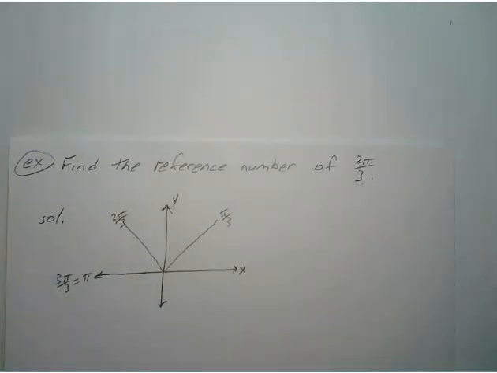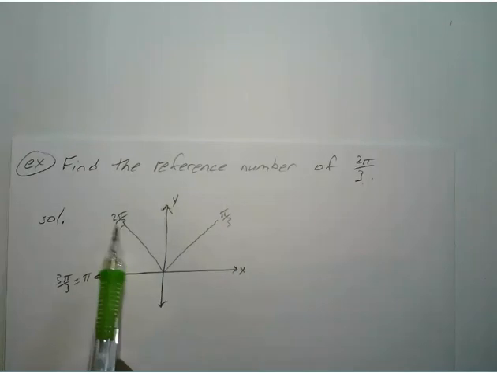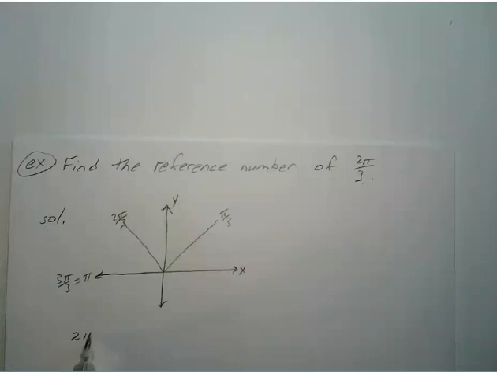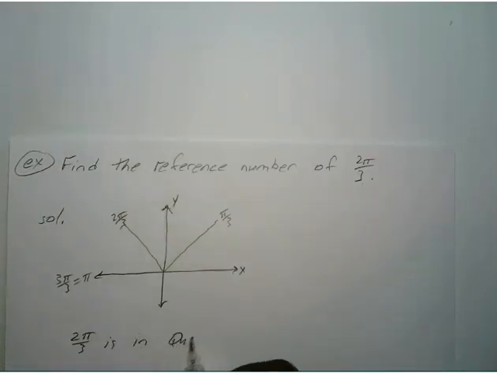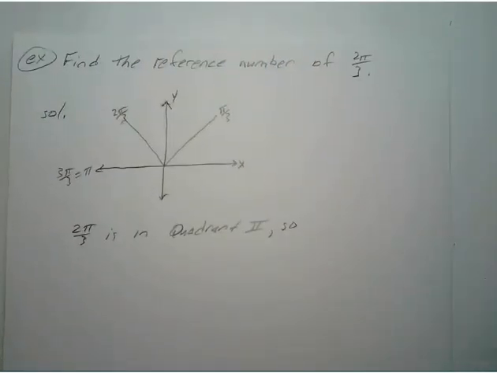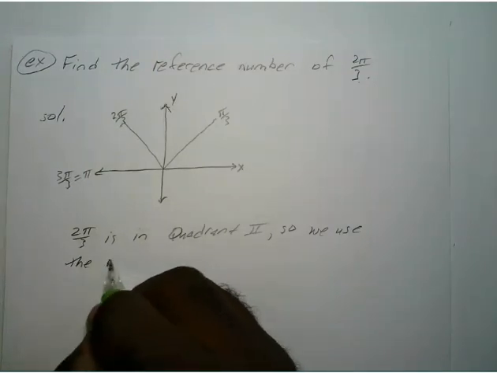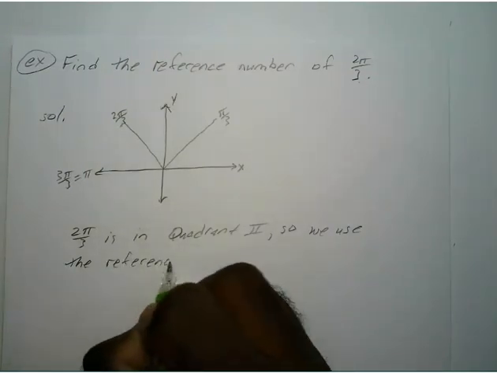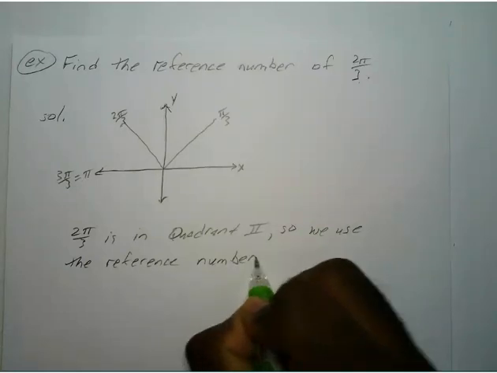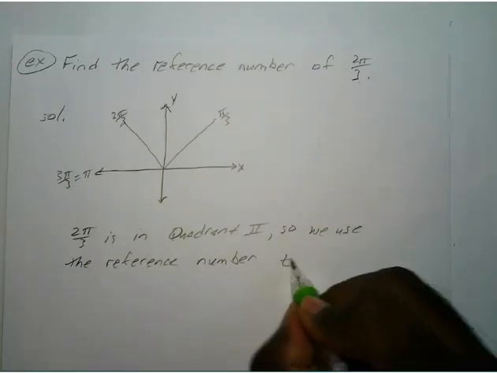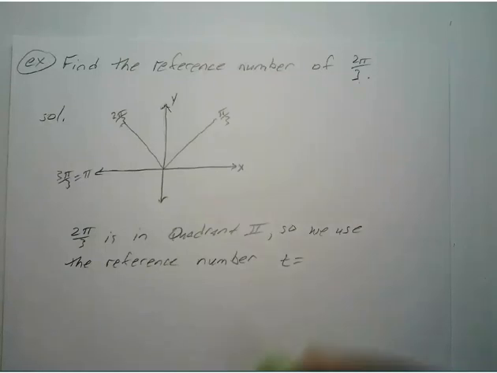All right. So we can see that 2 pi over 3 is in quadrant 2. So we use the reference number formula.